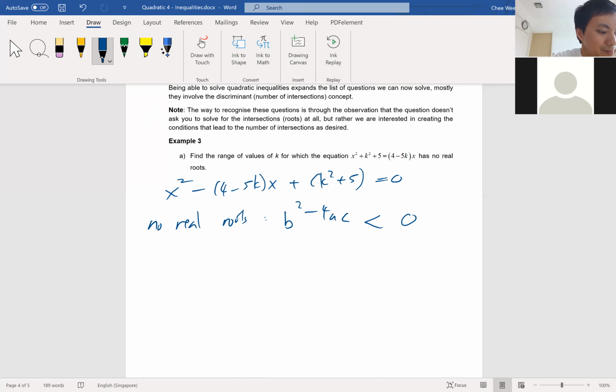Okay, so that's it. So you will then have minus 4 minus 5k squared minus 4 times 1 times k squared plus 5 is less than 0 then.